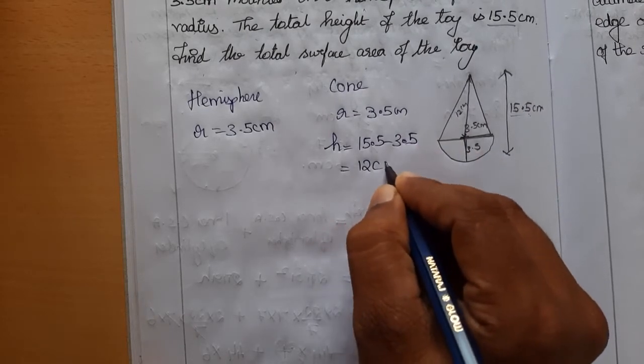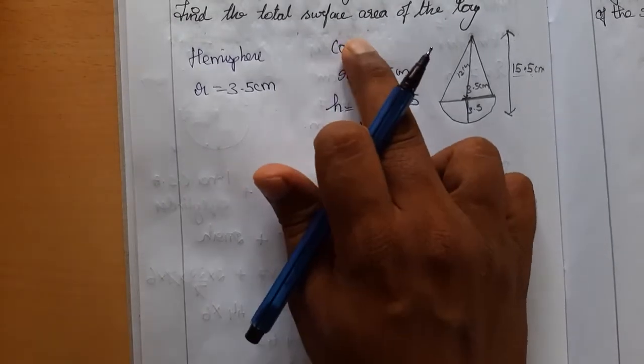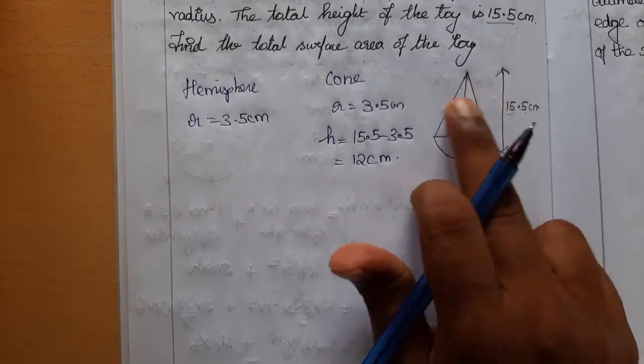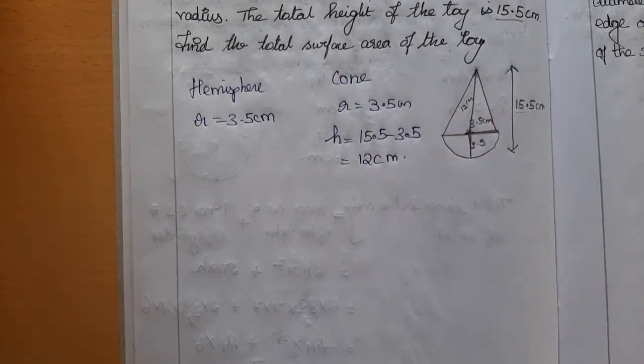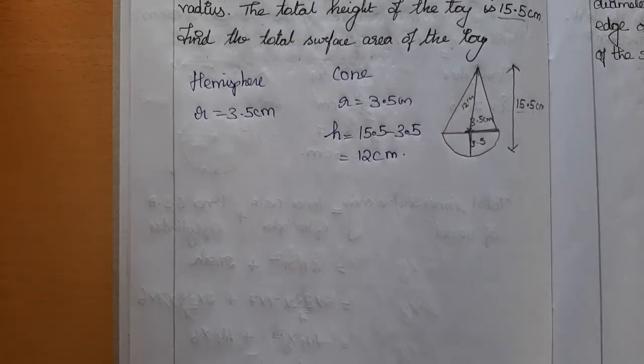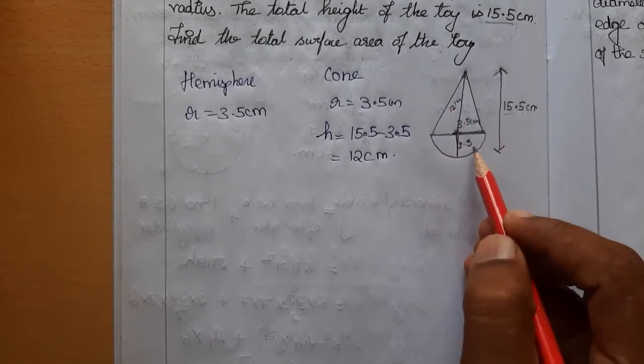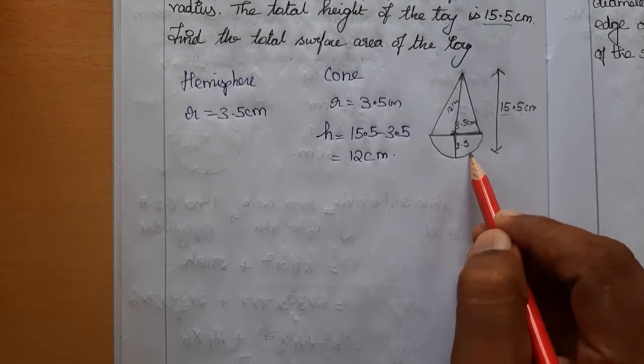So we'll get 12 centimeter. They asked to find the surface area. So surface area of the cone, the curved surface area, not total surface area, since the bottom is not required for this toy. So curved surface area of the cone plus curved surface area of the hemisphere.